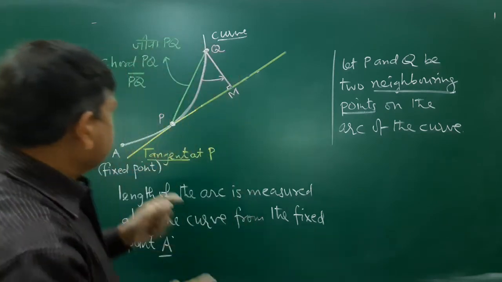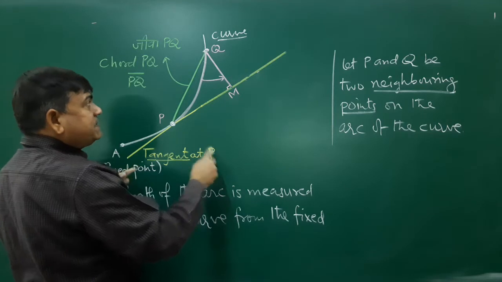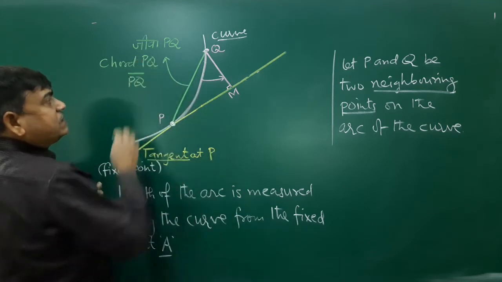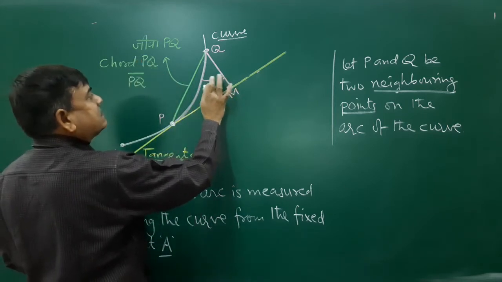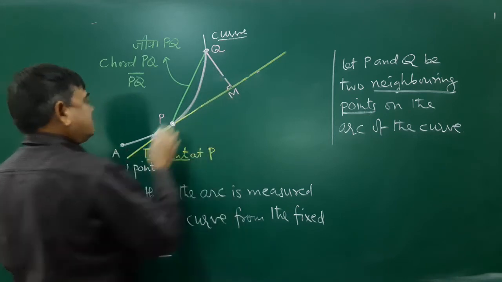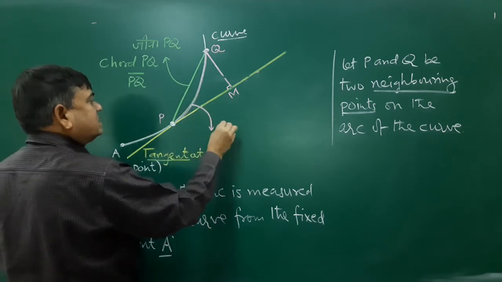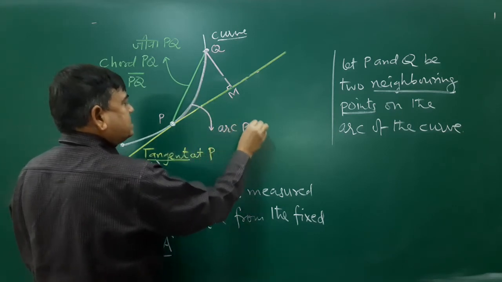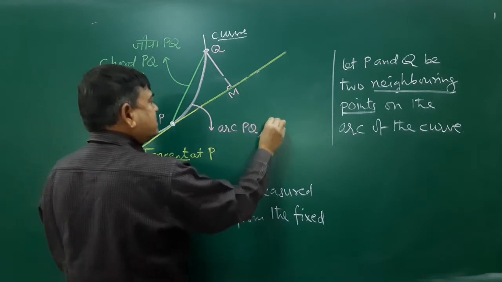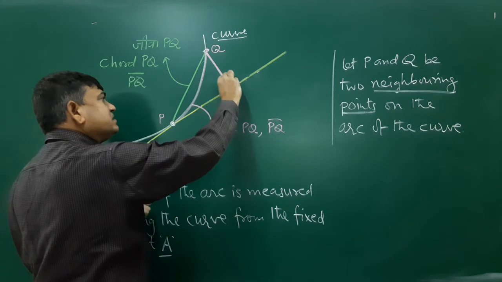P पर ये टेंजेंट है, so it is tangent at P. This is the chord and this is the arc. This pink one is the arc. Like this, this is the perpendicular.